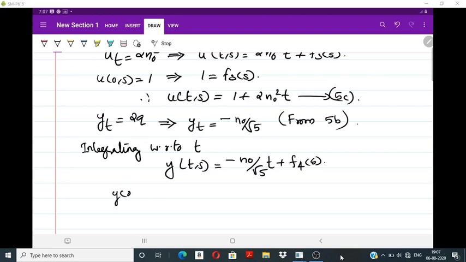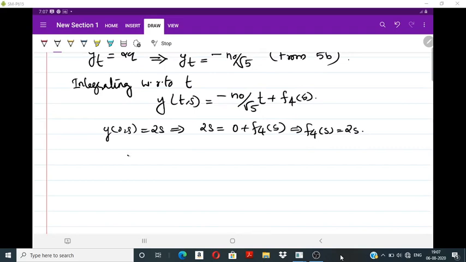Now y of 0, s is equal to 2s, which implies 2s is equal to 0 plus f4 of s. That means f4 of s is equal to 2s. Therefore, y of t comma s is equal to minus n naught by root 5 t plus 2s. Let this be equation 5d.